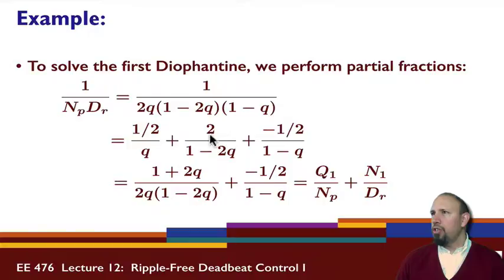Notice that these two terms are the roots associated with NP, and this is associated with DR. When I combine these two terms together and make the denominator equal to NP, that is, I multiply both numerator and denominator through by 2, I get this expression, and this one just comes right down, it's just a single term. All of this quantity is Q1, and all of this is N1, according to the first Diophantine equation.